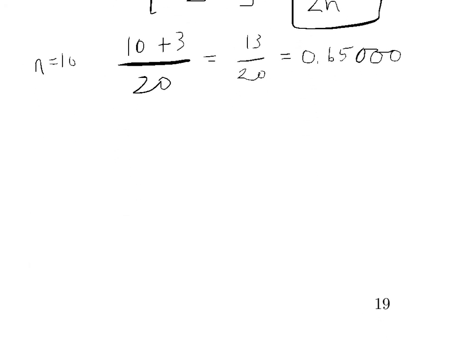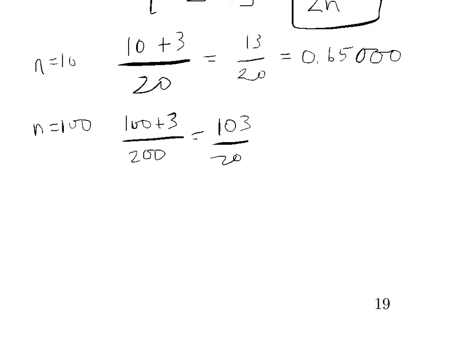For n equals 100, it's 100 plus 3 over 200, so 103 over 200, which is 0.51500.